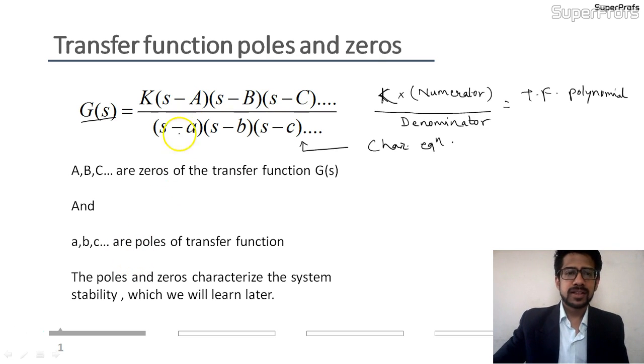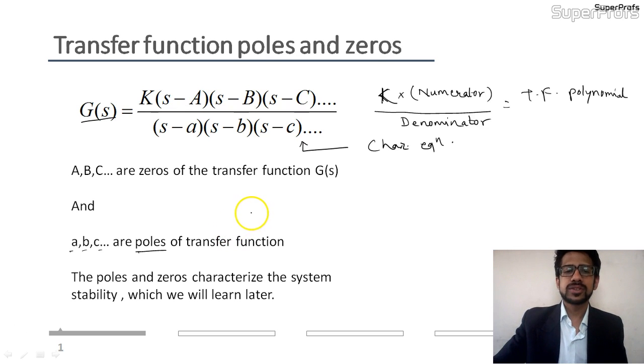Similarly, small a, small b, small c and so on are those frequencies where the transfer function is undefined, and hence these values for s in this case are known as poles of the transfer function.